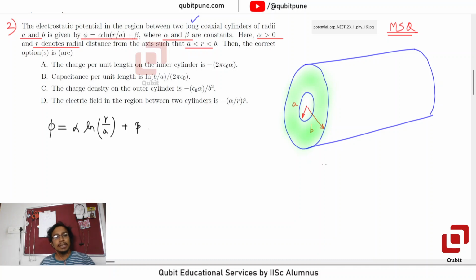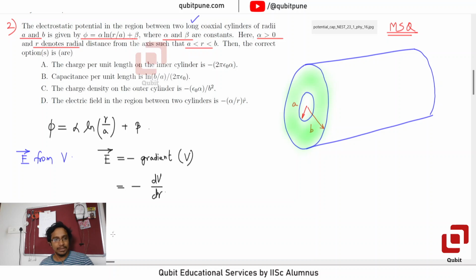Now, tell me, can we find the field from potential? Do we know any formula for finding electric field from potential? E is equal to negative dV by dr. Correct. Electric field is actually the negative of the gradient of V. And for us now, the gradient is only going to involve one parameter, and that is r.